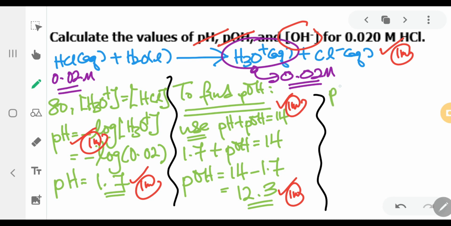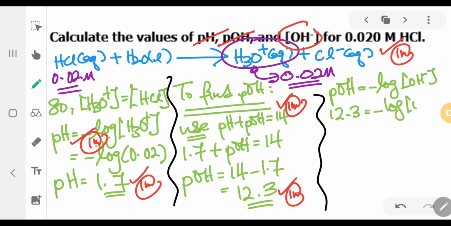So pOH equals negative log concentration of OH-, and pOH is 12.3. So 12.3 equals negative log concentration of OH-. When you solve this, you should be getting 5.0.